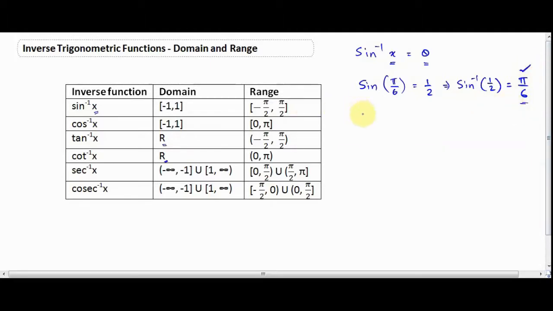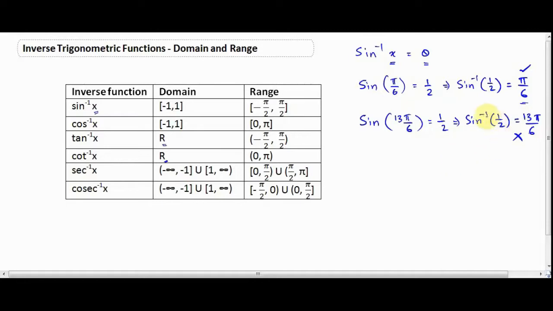Now we also know that sine 13 pi by 6, which is a multiple of pi by 6, is also equal to 1 by 2. So if I write sine inverse of 1 by 2 equal to 13 pi by 6, then this expression is incorrect.